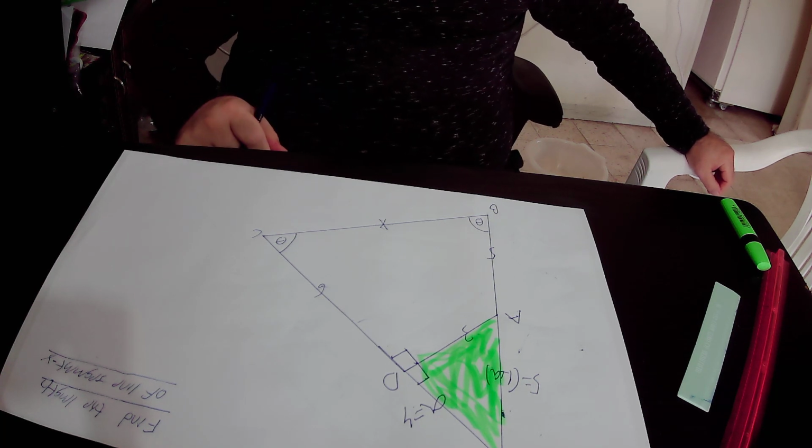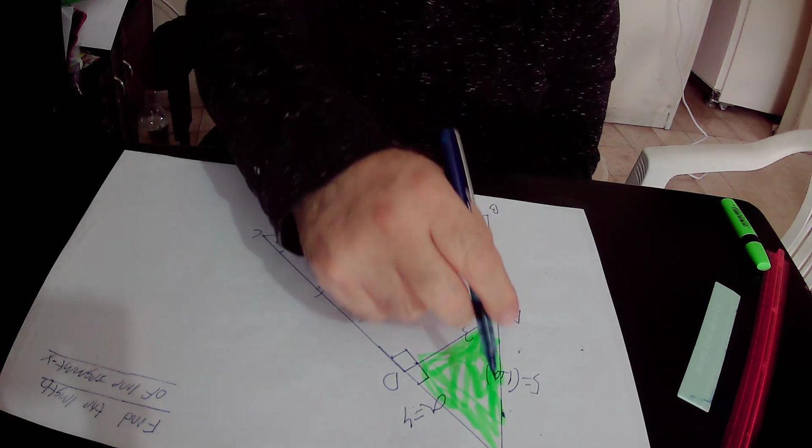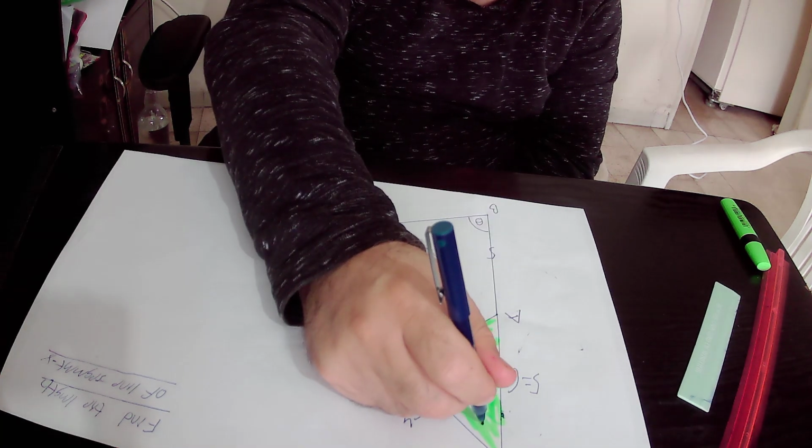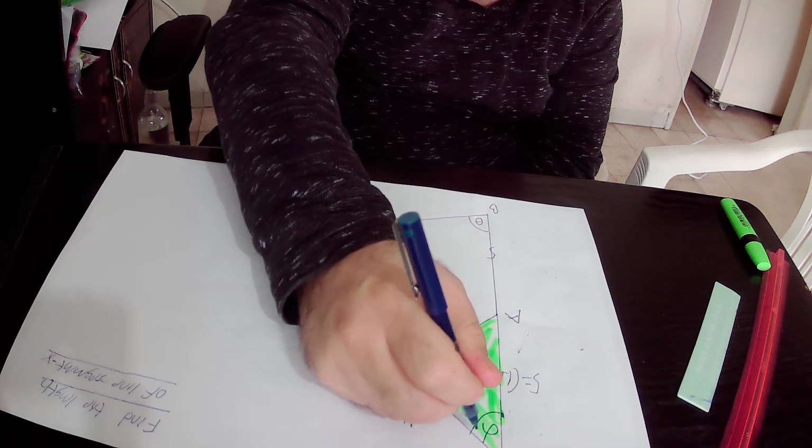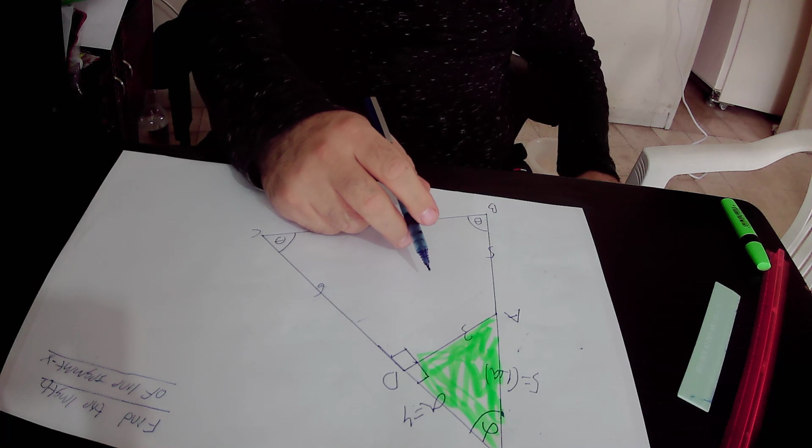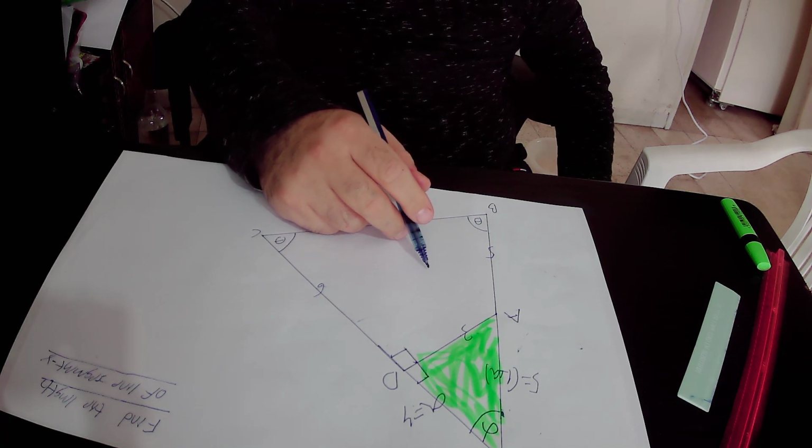In the next step, we will define angle AED. This angle is angle alpha. We will focus on the right green triangle, triangle EAD.